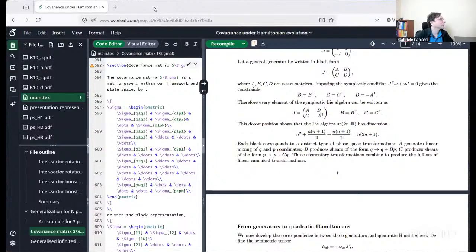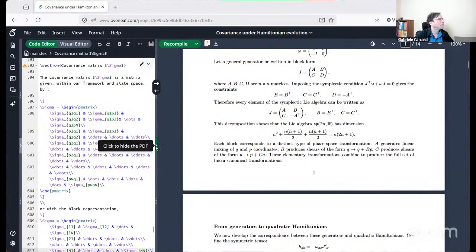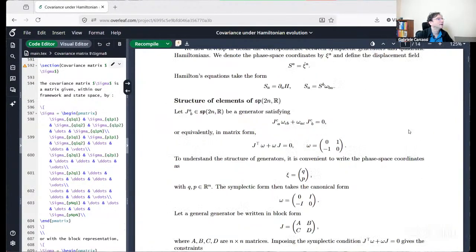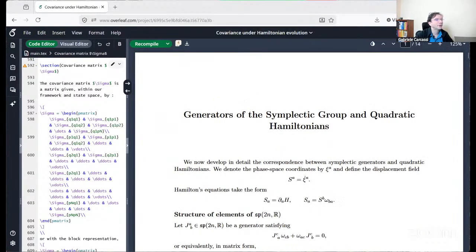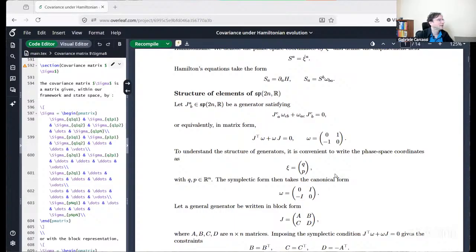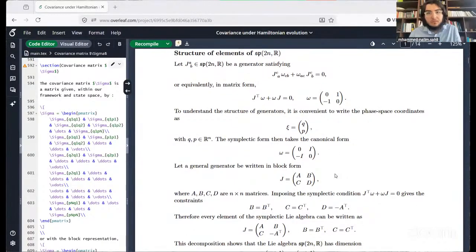Okay, so this we can make it smaller. Now this hides the PDF. I don't know that I can hide this. Okay, let's do it like this, and this we can make a little bit bigger. Okay, so do you want to talk over it? Yeah, why not? Thank you. I'll be your mouse. Just tell me when to scroll.